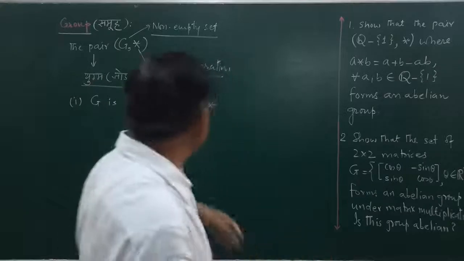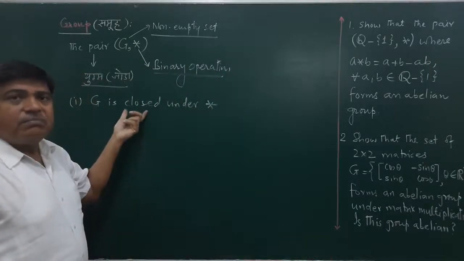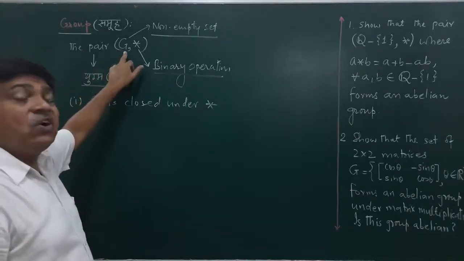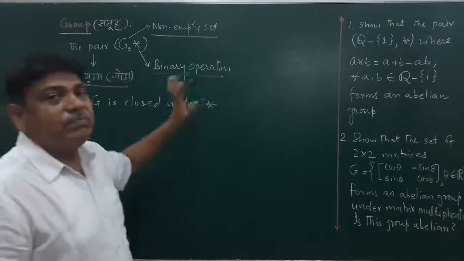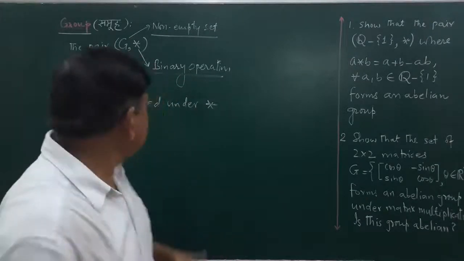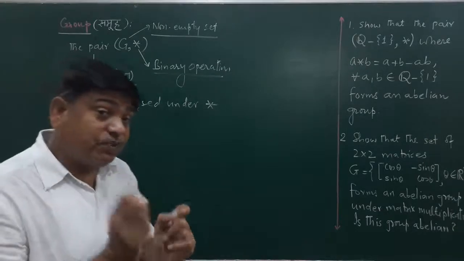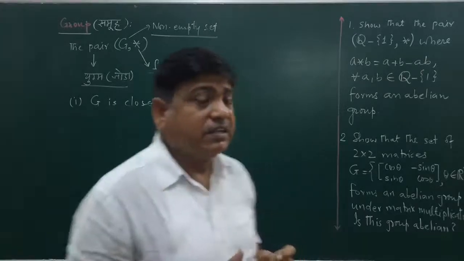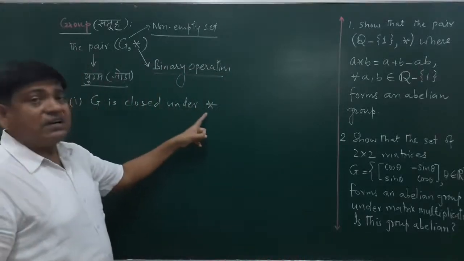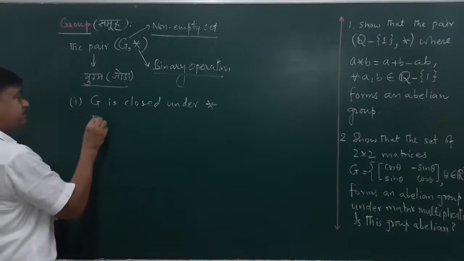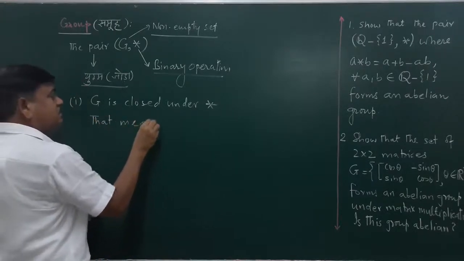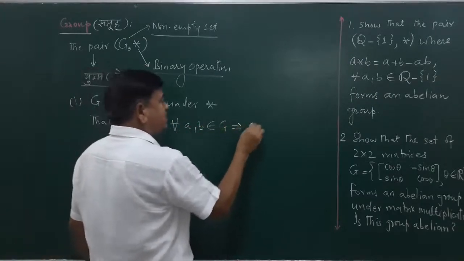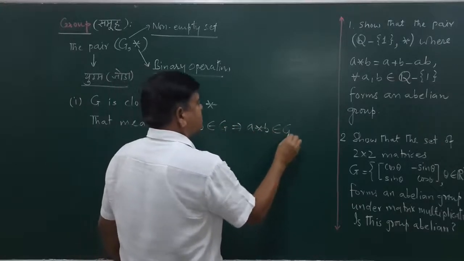Generally, we do not use this one because it is already mentioned that G is a non-empty set with binary operation. इसका मतलब ही ये है कि G क्लोज्ड है, लेकिन फिर भी हम इसे प्रूव करते हैं, हम इसे लिखते हैं अपनी सुविधा के लिए. So G is closed under this, that means for all a, b belongs to G implies a star b belongs to G.